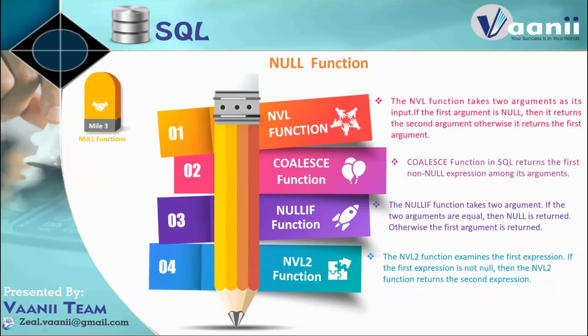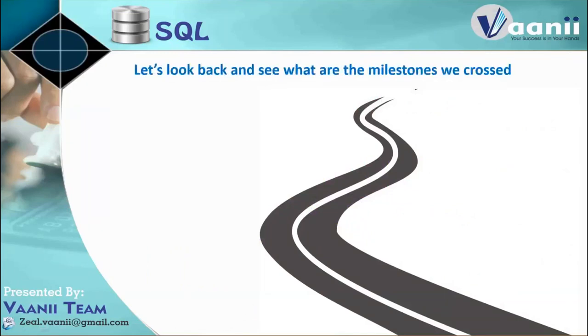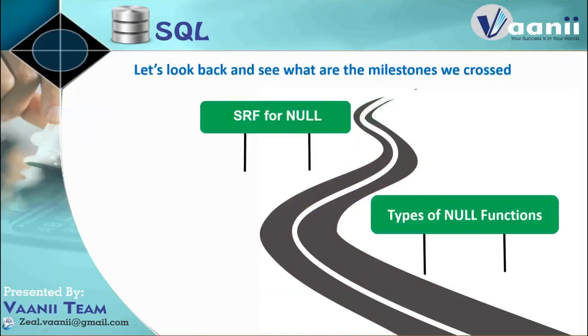If the first argument is not null, it will give you the second expression or second value, otherwise the third. We will see all these functions in much detail in subsequent journeys, of course. My goal here was just to make you aware of all these null functions.